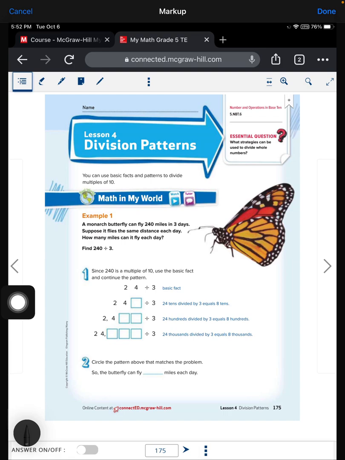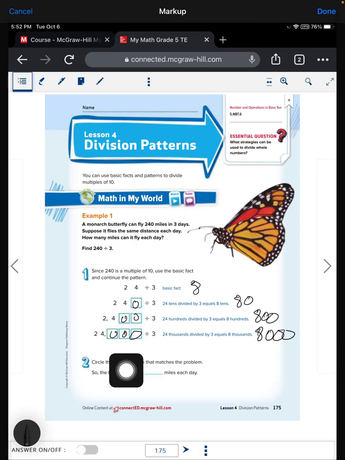So we know that 24 divided by 3 equals 8. So let's add zeros right here and see what it changes our answers to. 240 divided by 3 equals 8 tens, or 80. 2,400 divided by 3 equals 8 hundreds, 800. 24,000 divided by 3 would be very similar by just saying it's 8,000. 3 zeros in the dividend, 3 zeros in the quotient, or the answer.